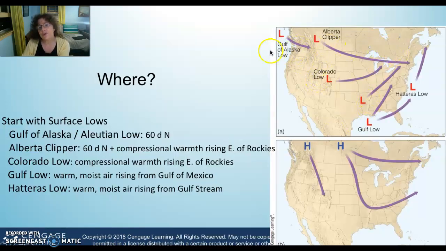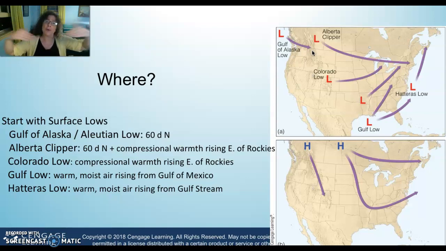Those two lows around the 50-degree mark can spread out into other lows. And you've got in here the Aleutian low, which is also the Gulf of Alaska low, and one that you might have heard of, an Alberta Clipper. Remember, these are right around the 50s and the 60s, 50s because they moved south a little bit in the wintertime.